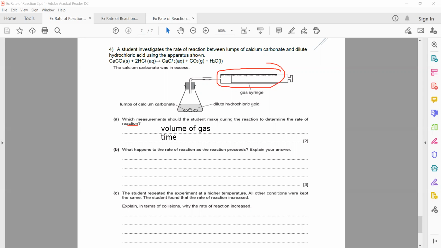What happens to the rate when the reaction proceeds? So what happens to the speed or the rate of a reaction as the reaction proceeds? It will decrease, the rate always decreases.